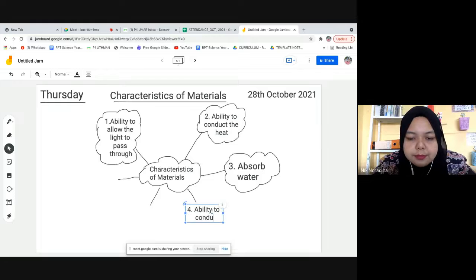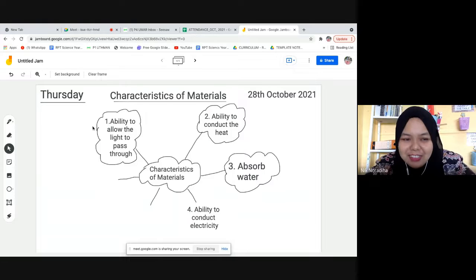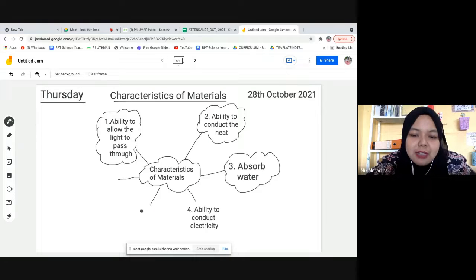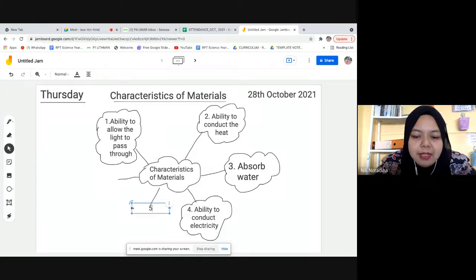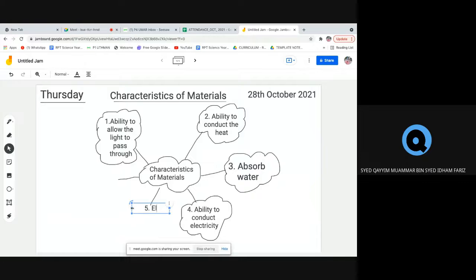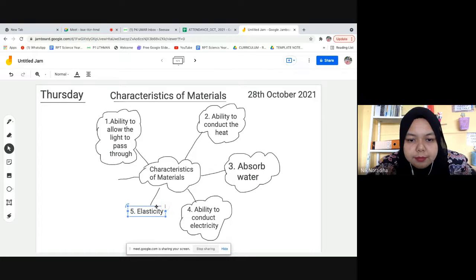Electricity. Okay, ability to conduct electricity, whether that object will allow electricity to pass through it or not. Just now teacher heard elastic. Number five. Elastic. Elasticity. Well done. Elasticity. Correct.